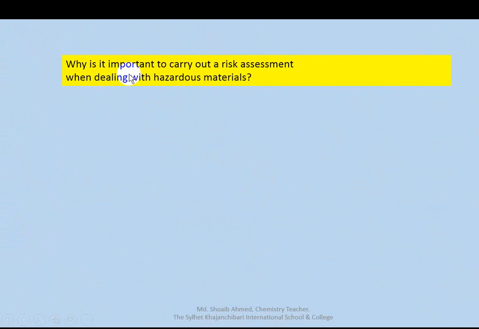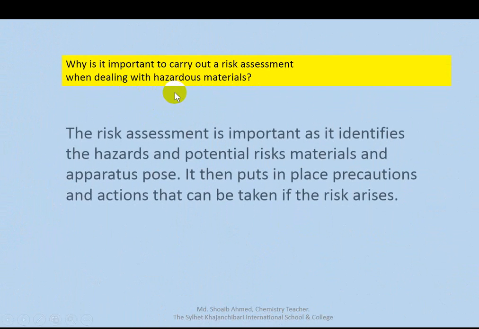Why is it important to carry out risk assessment when dealing with hazardous materials?